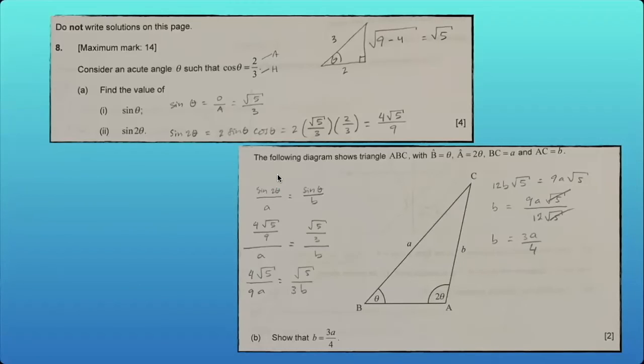We know sine 2 theta from part A, and we know sine theta also from part A. And then we can rewrite these into this, and then we can cross multiply to get this expression, and then we can find B. So we have shown that B is equal to 3A over 4.